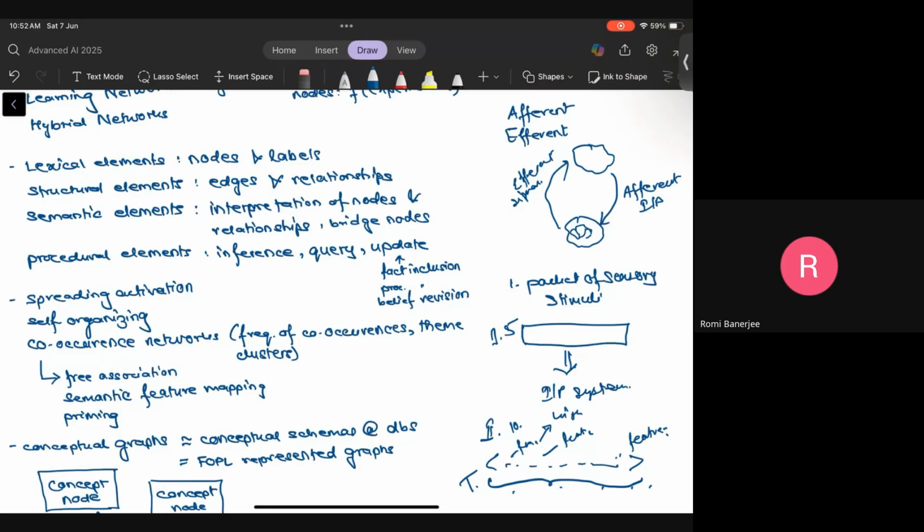So you can have a component which looks like your procedural and declarative memory, which is your secondary memory. You can have your RAM, which is your working memory, and you can also think about a cache, which is about the current frame that you are dealing with.